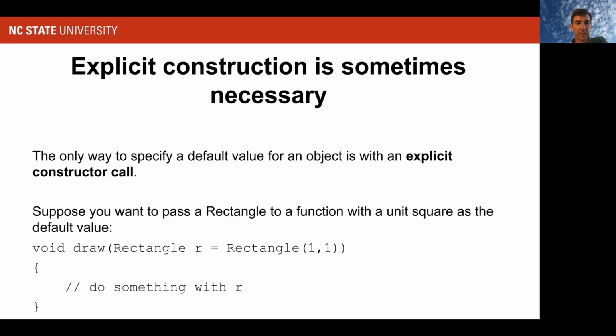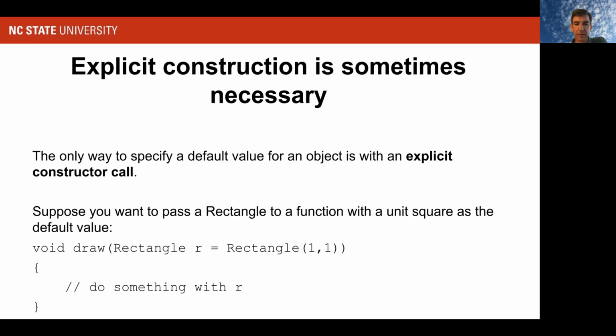Well, the code might look something like this. So I'm going to have a function called draw. Maybe I'm going to draw the rectangle on the screen. And then I pass in a rectangle R into this function. And if the programmer so chooses, they can omit an argument. And if they omit the argument, then we'll replace it with a rectangle of unit length. So in other words, a square.